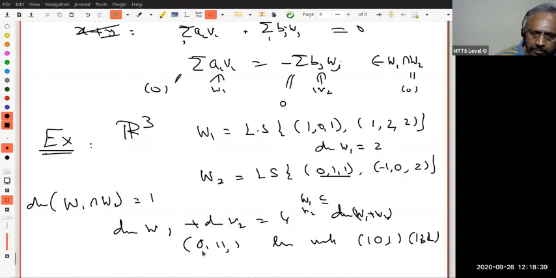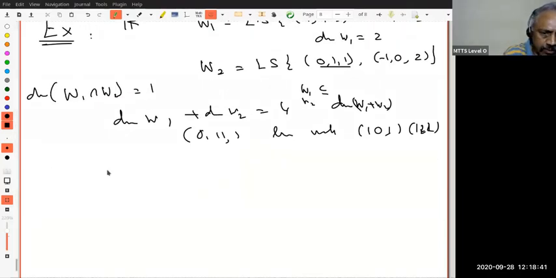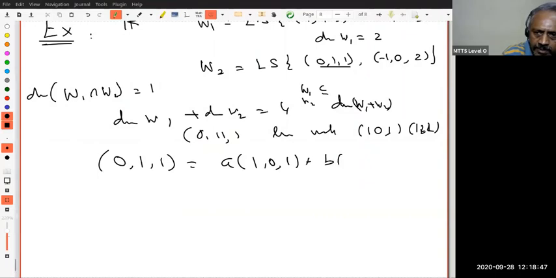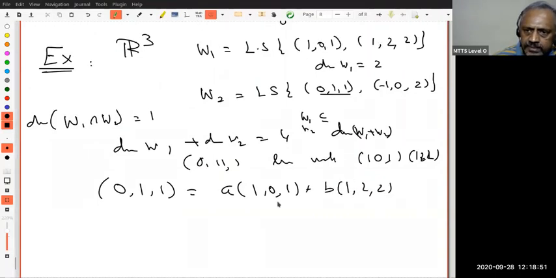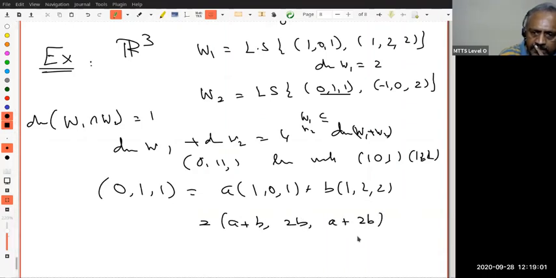Because if (0, 1, 1) is A times (1, 0, 1) plus B times (1, 2, 2), I hope I am writing it correctly, that means this must be A plus B, and this is 2B, and A plus 2B. You understand this? Very good. So A plus B must be 0.